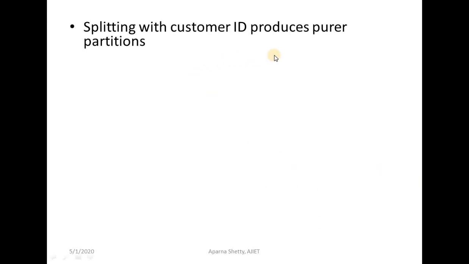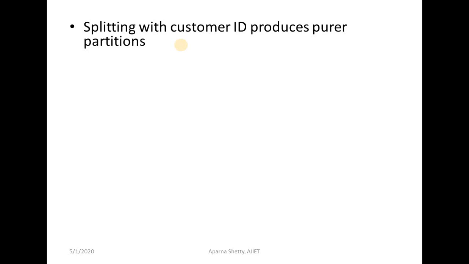Now, splitting with customer ID produces purer partitions. You have this attribute called customer ID. You know that the value of this attribute is unique, correct? It is not repeated. You cannot have the same values for customer ID.